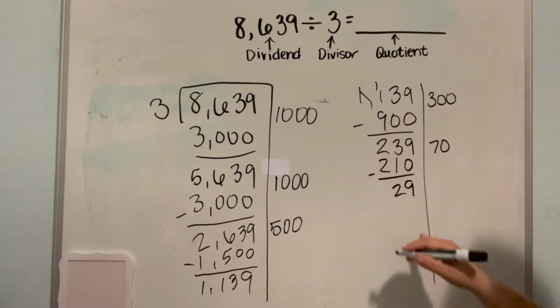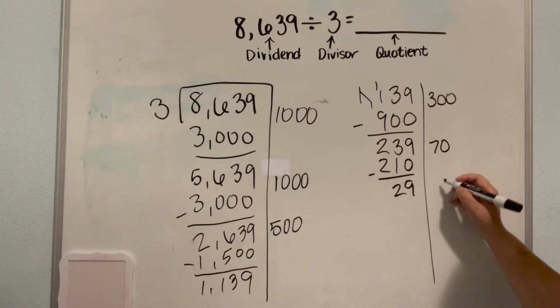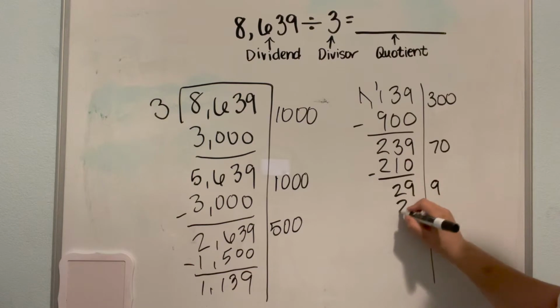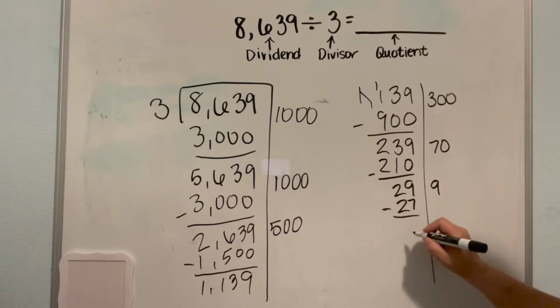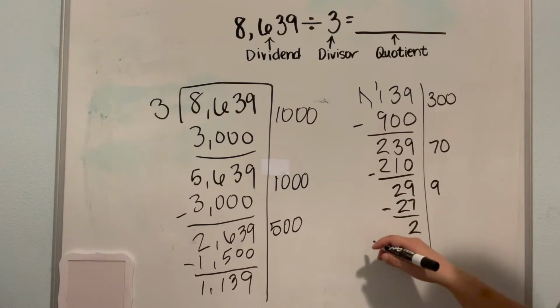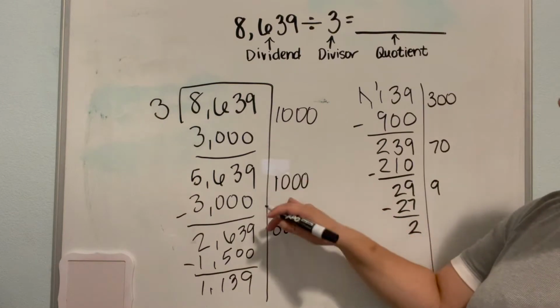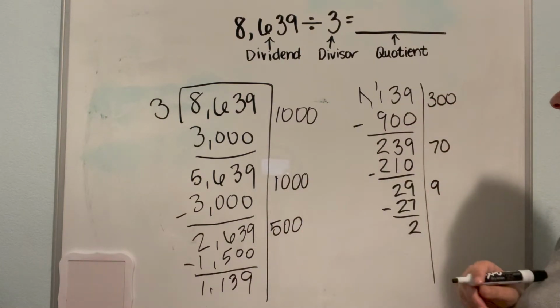Now I need to get as close to 29 as possible. So 3 times 9 will give me 27, which will leave me with 2. I can't get 3 groups from 2, so I'm going to stop there. Now I need to add up my partial quotients to figure out what my quotient is.